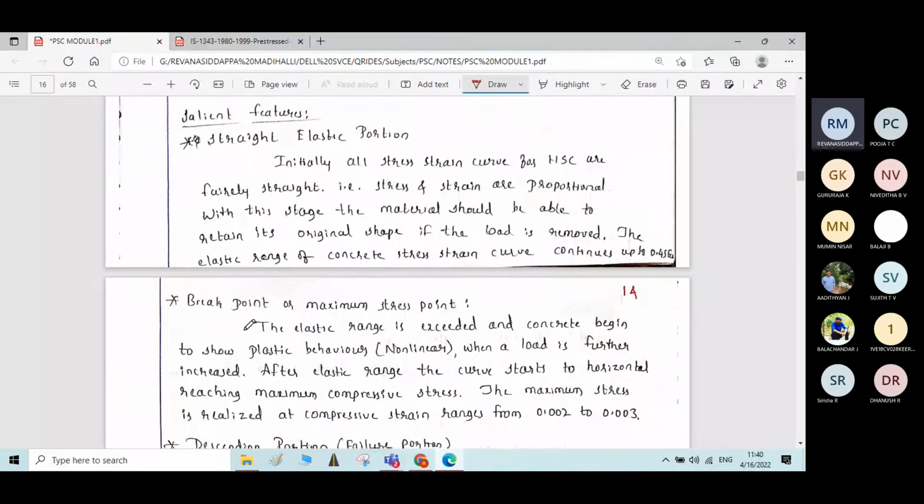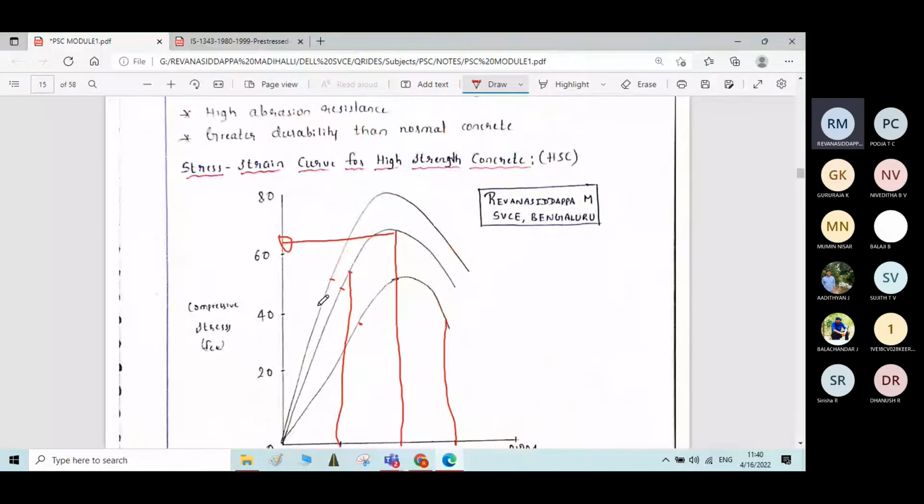Then coming to the next portion, that is the break point or maximum stress point. This is the break point. Between this portion and this portion, you can see a permanent deformation or inelastic deformation. The material undergoes permanent deformation, and when the stress reaches some limit, breaking or failure of the concrete will take place.